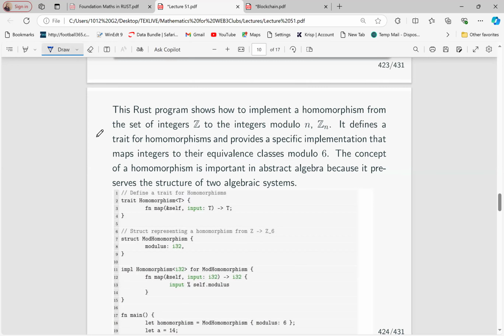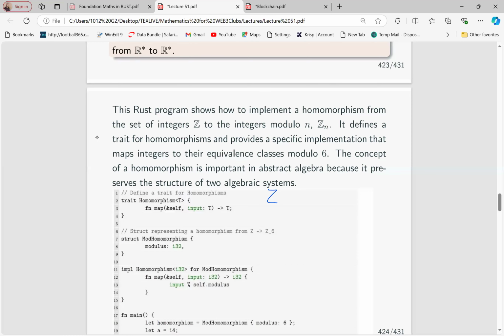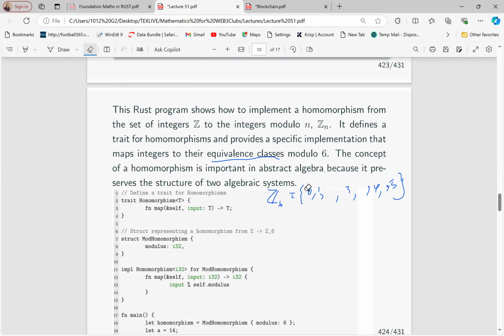So of course, when you're looking at Zn, we're looking at elements 0, 1, 2, 3, up to 5. And these are what we call the equivalence classes: all those numbers mod 6, or if it's mod n, all those numbers mod n. These elements of Zn are what we call equivalence classes.